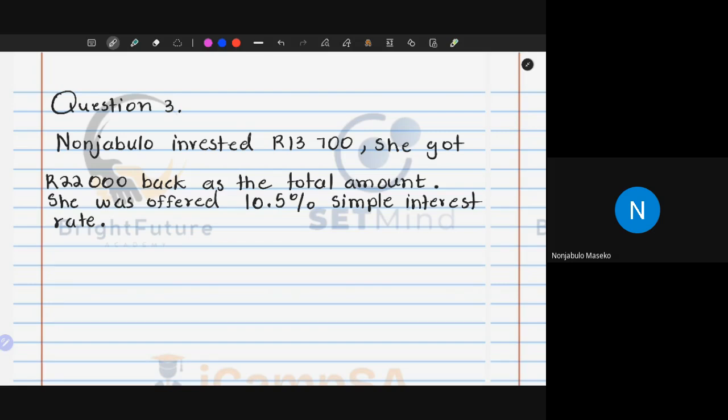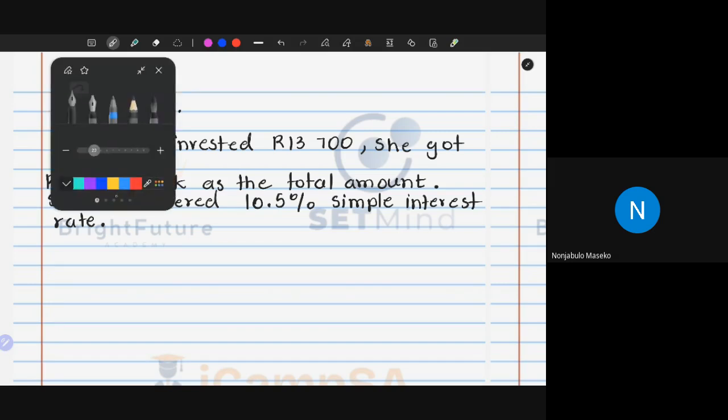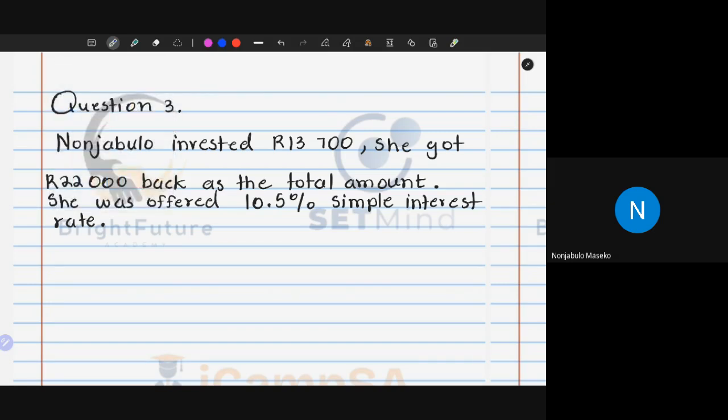Now, here's the question which we want to figure out. How long did her investment stay? Or how long did she take to withdraw her investment?